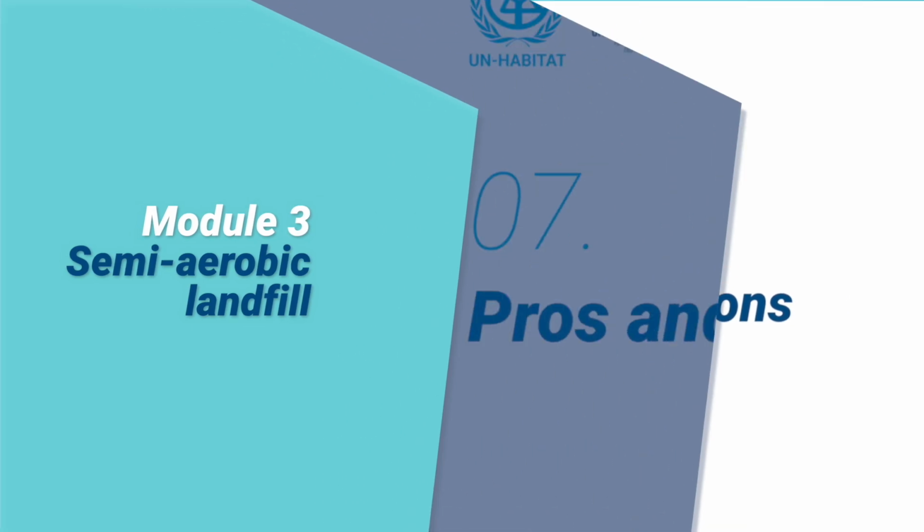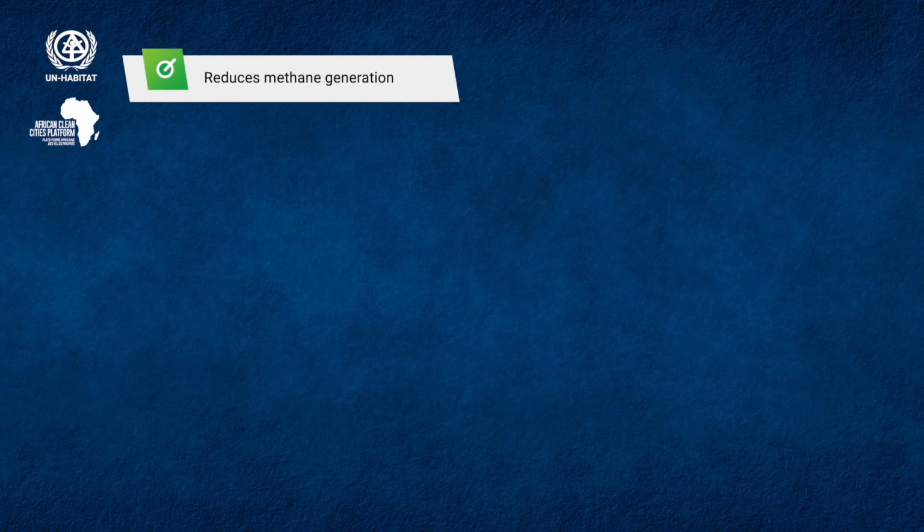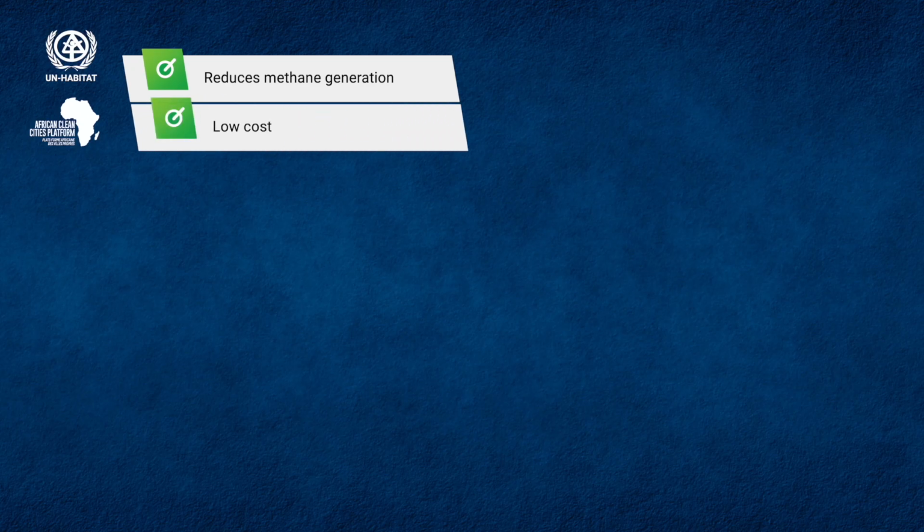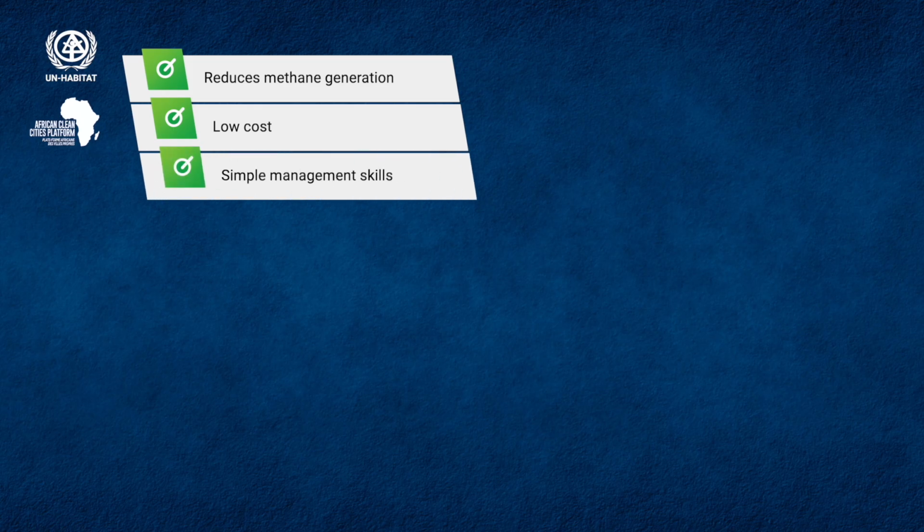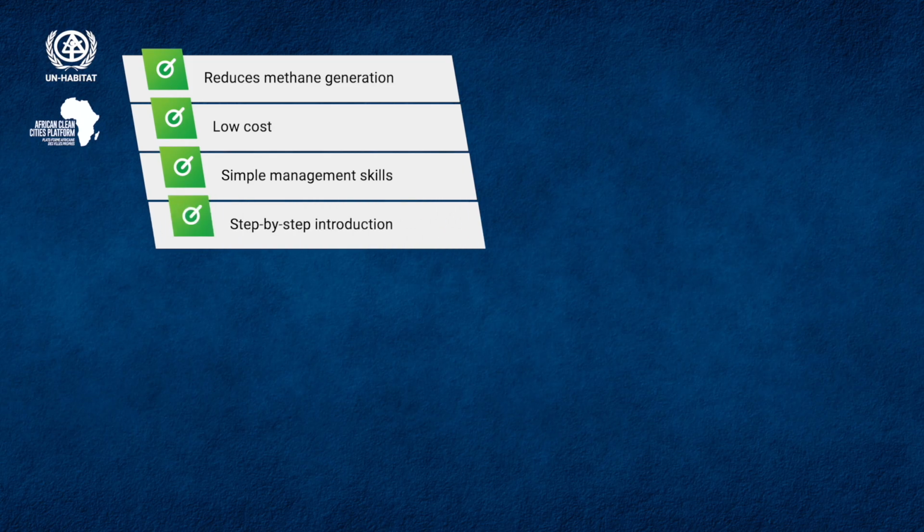Let's now take a look at the pros and cons of semi-aerobic controlled landfill. The pros first. It can reduce methane gas generation at landfills. It can treat toxic gases and leachate from landfills at relatively low cost and with simple management skills. The method can be introduced step by step.